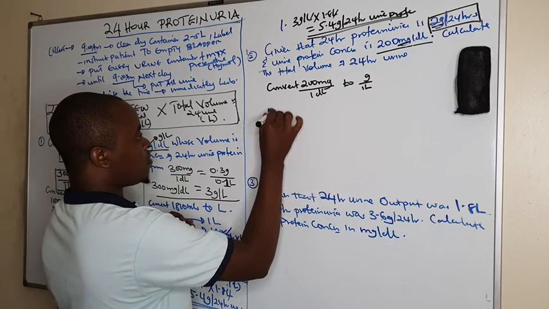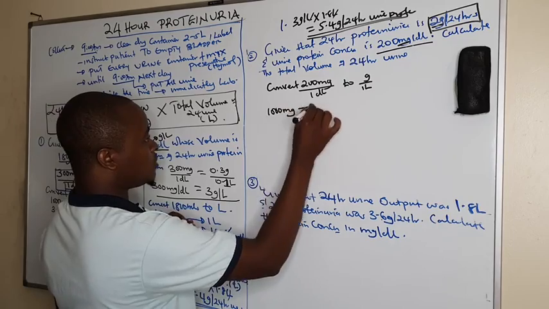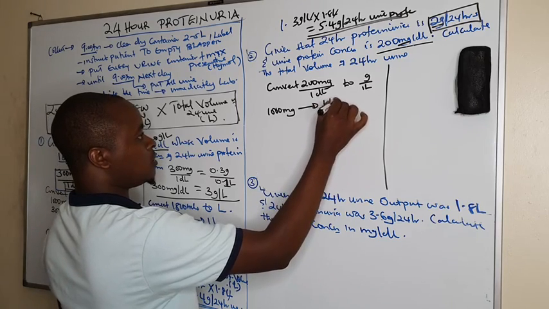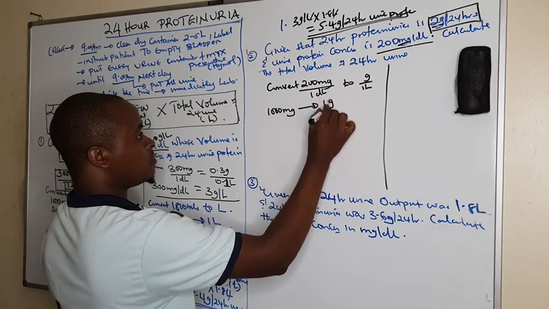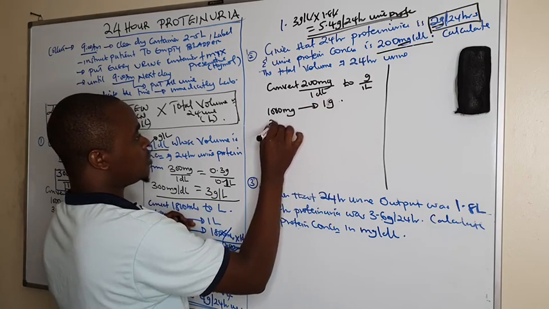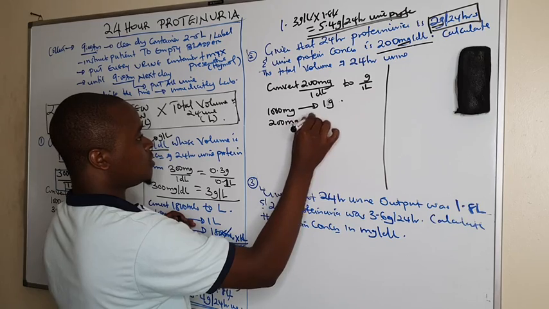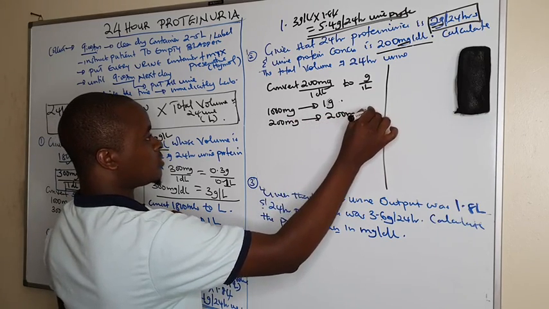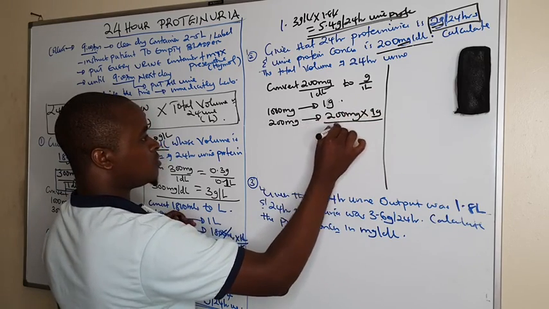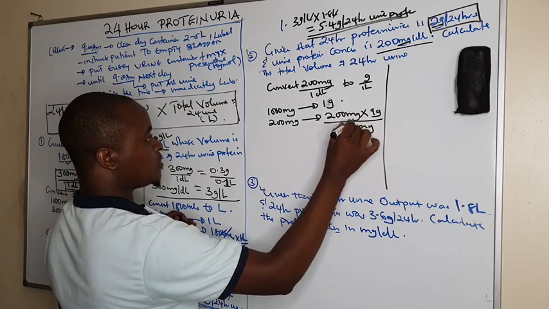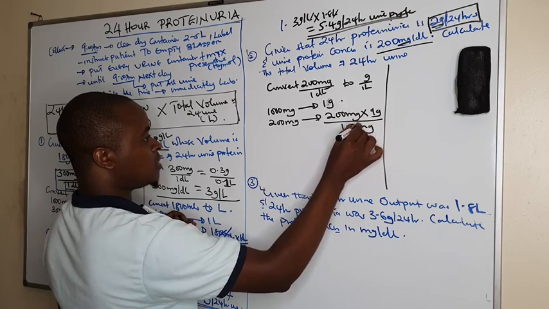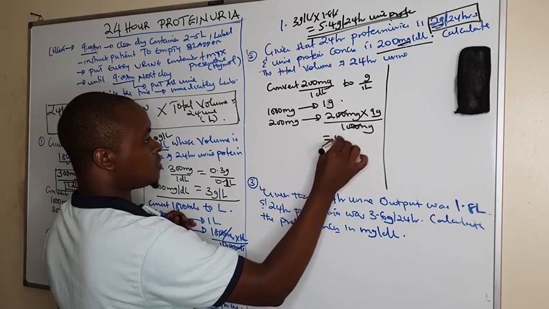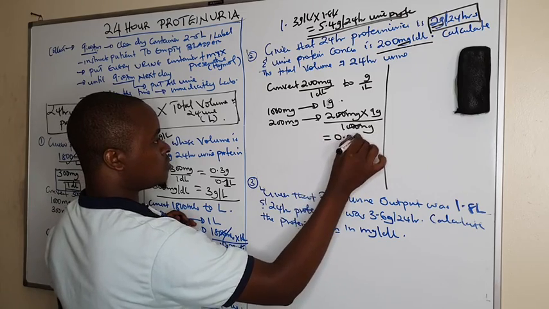And we know that 1,000 milligrams is equivalent to 1 gram. What about 200 milligrams? It is equivalent to 200 milligrams times 1 gram divided by 1,000 milligrams, and 2 zeros go with these 2 zeros, we remain with 0.2 grams.